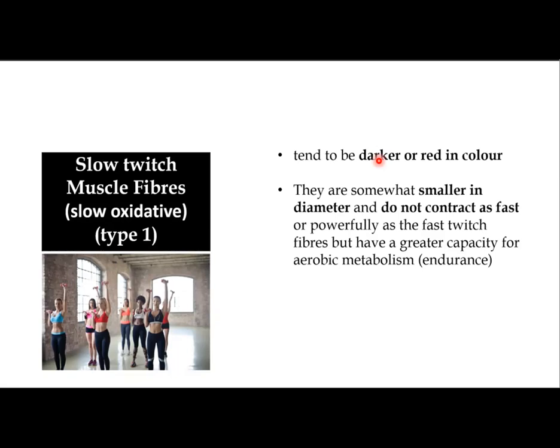And because it's used more for aerobic exercise, it's called slow oxidative. Basically it's more for aerobic metabolism, so you're using more of the slow twitch muscle fibers. And remember, we talked about the energy system.